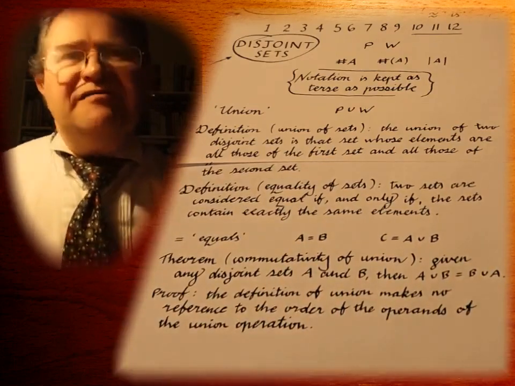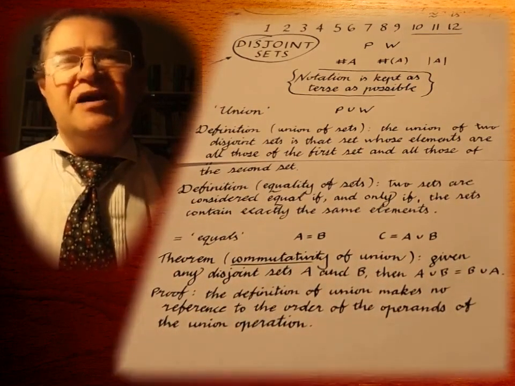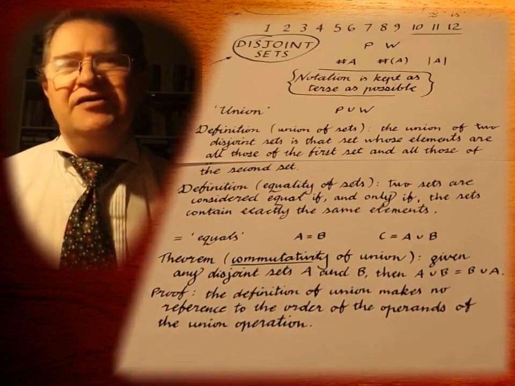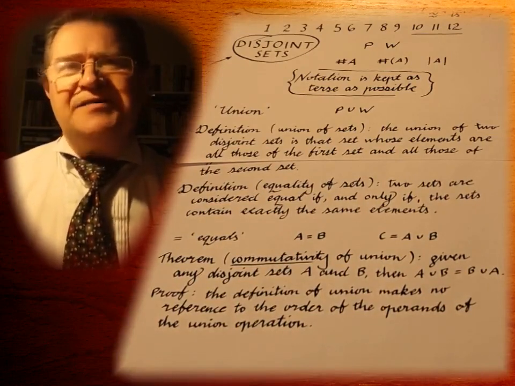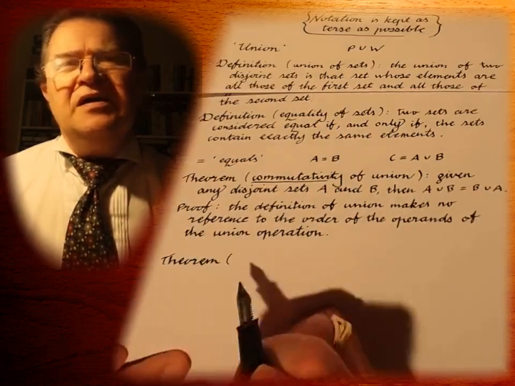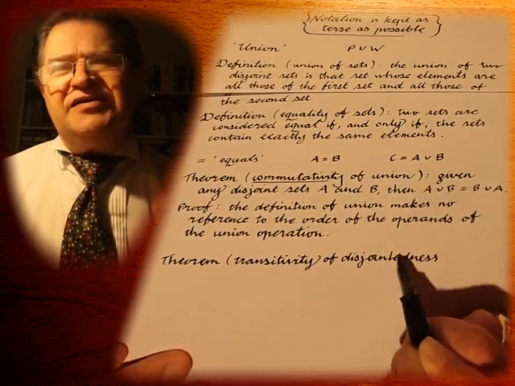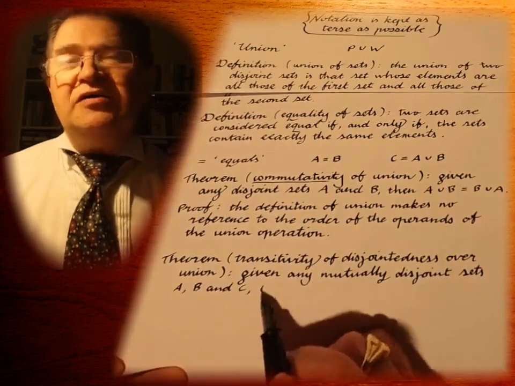Now, as well as being a theorem, this also serves as a definition. Commutative means that a binary operation such as set union gives the same result regardless of the order of the operands. The following two theorems also define new terminology. Given any disjoint sets A, B and C, then the sets A union B and C are also disjoint.